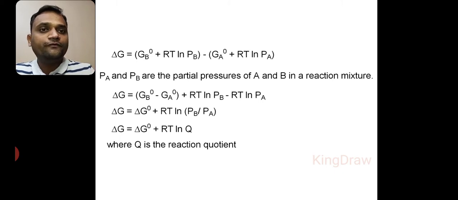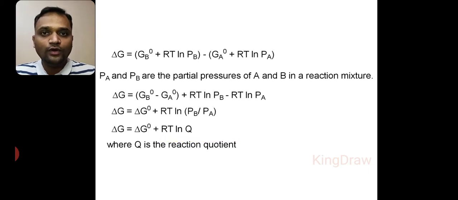Further simplifying, for Gb0 minus Ga0 we can write delta G0, plus RT ln of Pb upon Pa. As there is a minus between ln Pb and ln Pa, it becomes ln of Pb upon Pa. So finally we get delta G is equal to delta G0 plus RT ln of Q.